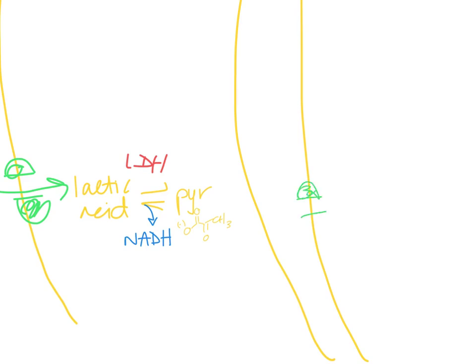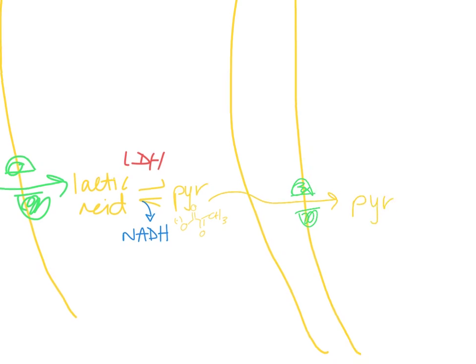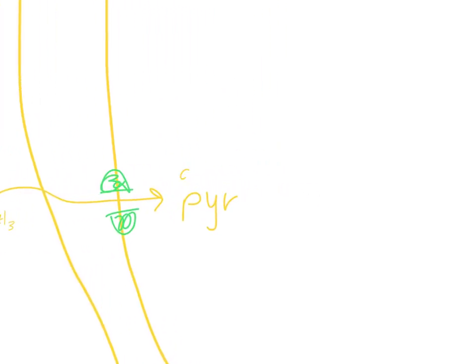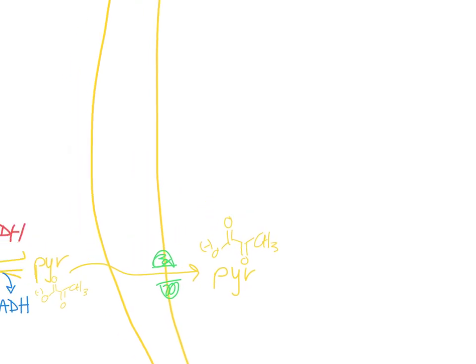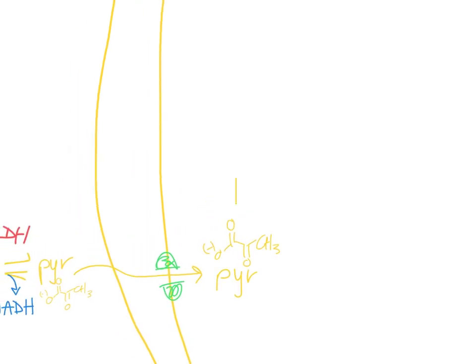So the first thing that happens is that this pyruvate is going to come into the mitochondrial matrix. Okay, so again, we have a two-step workaround for pyruvate kinase, where pyruvate is first made into oxaloacetate.